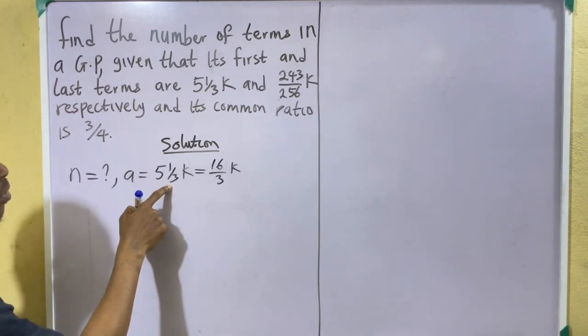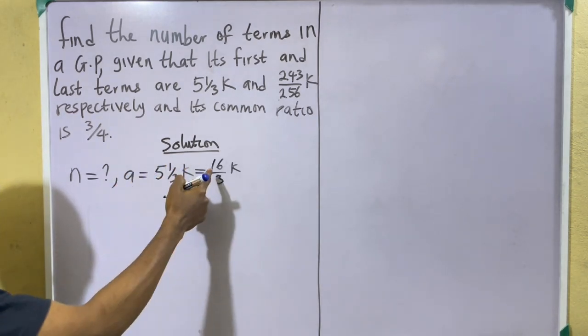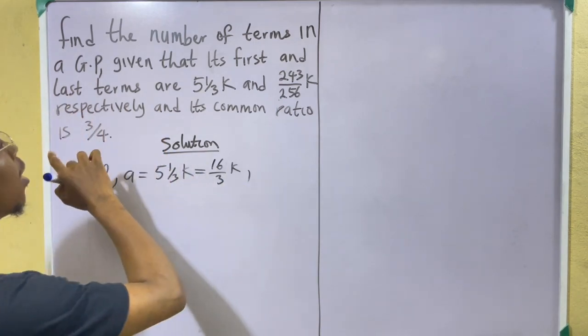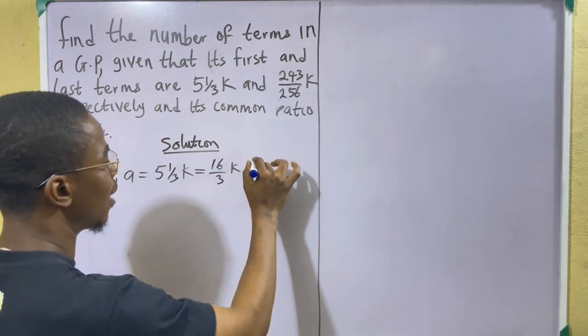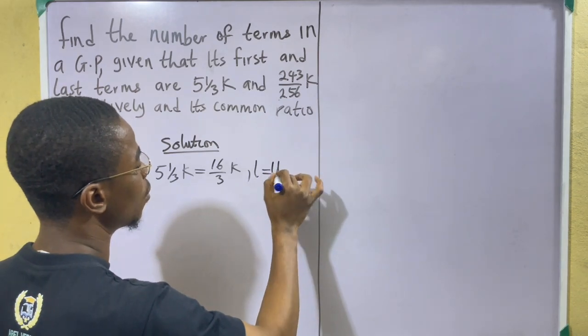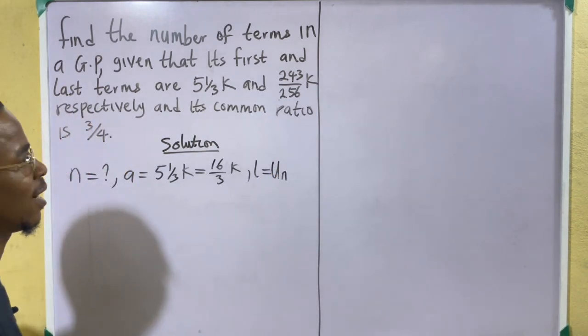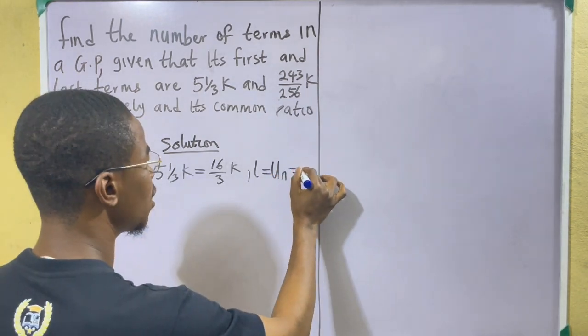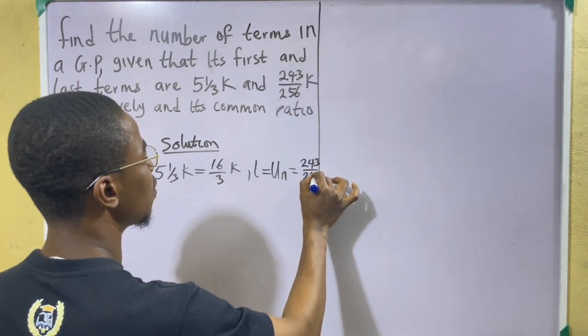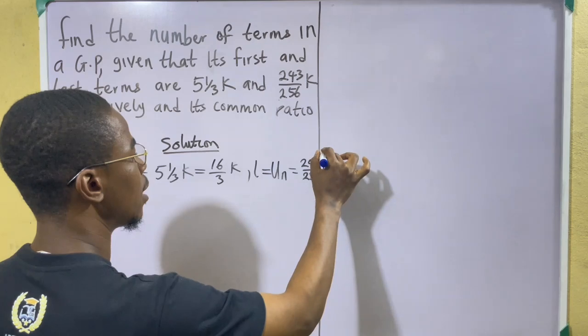That means 5 times 3, that's 15 plus 1, 16 all over 3. And then we have our last term, which is same thing as our nth term, sometimes denoted by un or tn. I will say it is 243 all over 256k.